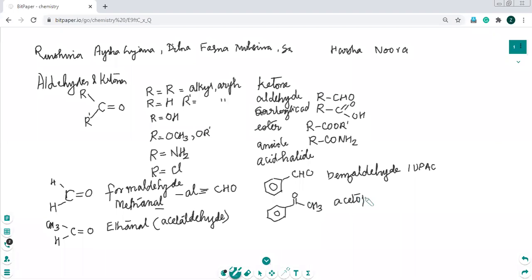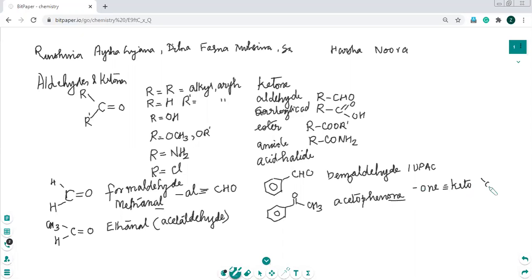O-N-E stands for ketone. If the name is ending in O-N-E, you call it a ketone, a keto group.